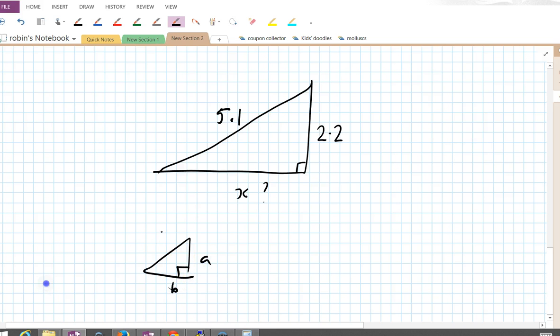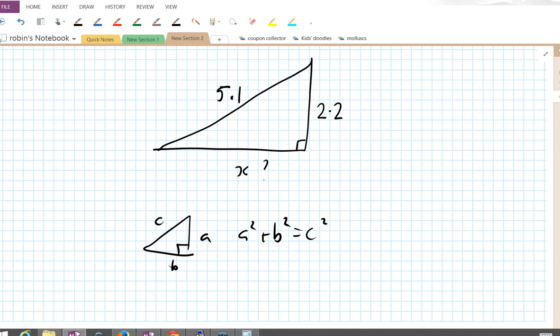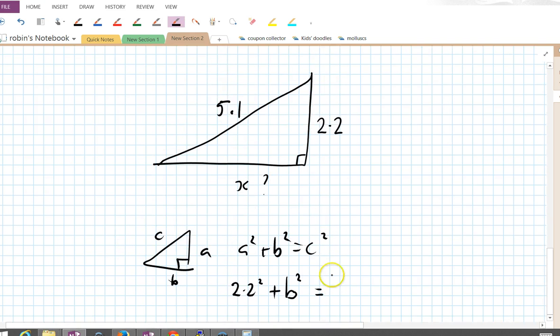A, B, C, we know that A squared plus B squared equals C squared if it's a right-angled triangle. And so, we know, in this case, that 2.2 squared, because that's A, plus B squared, oh, but B is X in this picture, isn't it, equals 5.1 squared.